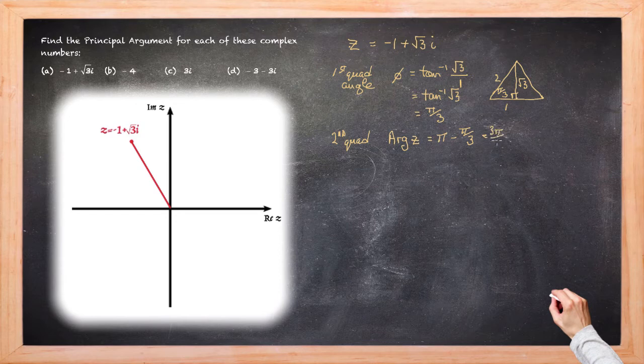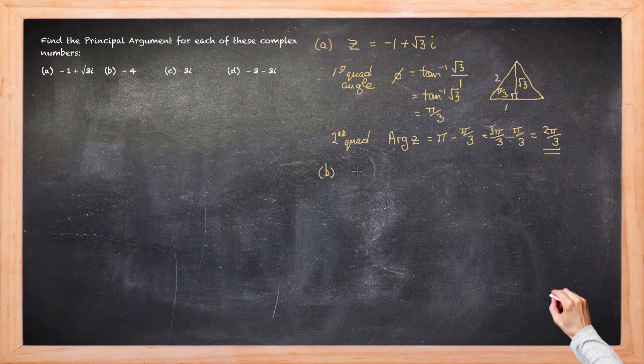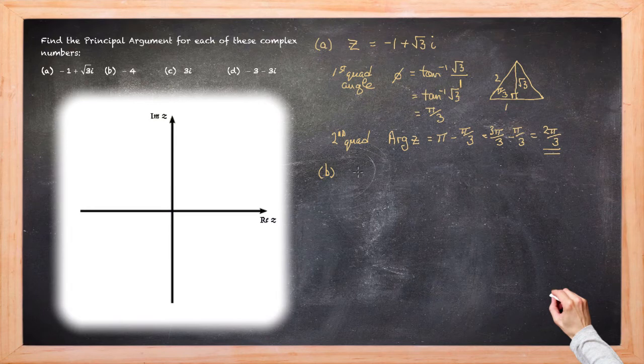We've got 3 lots of pi upon 3 minus 1 lot of pi upon 3, which gives us 2 lots of pi upon 3. So that's part A.